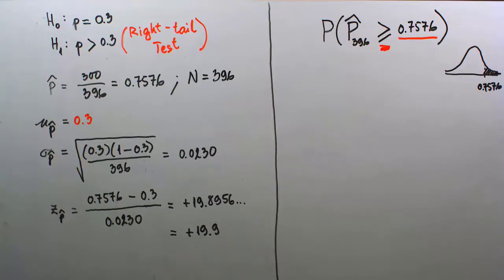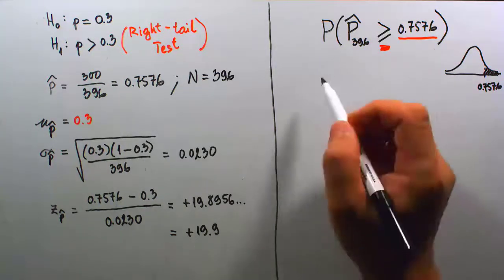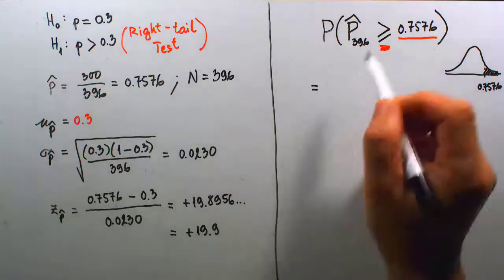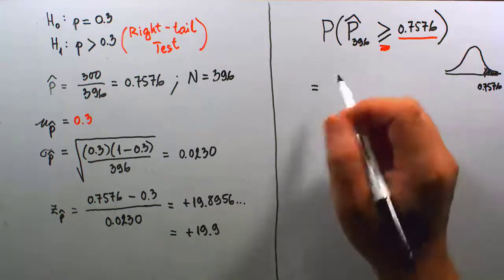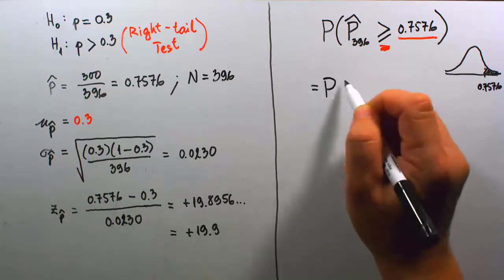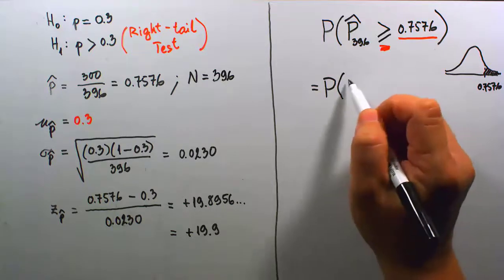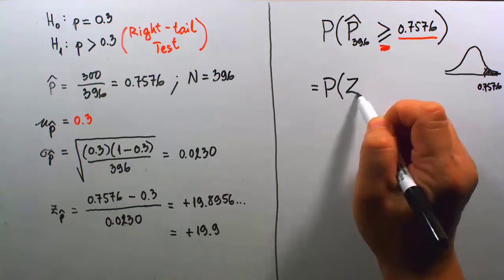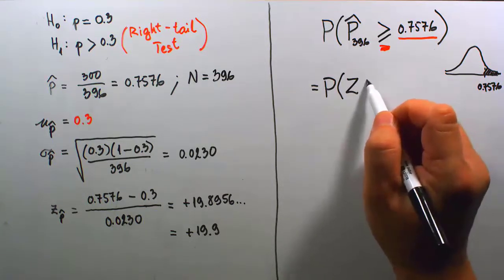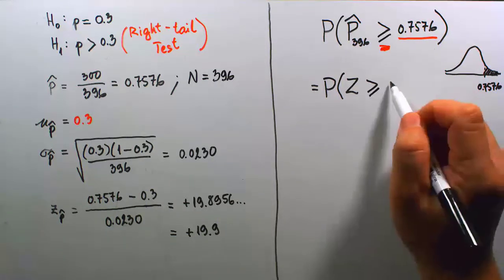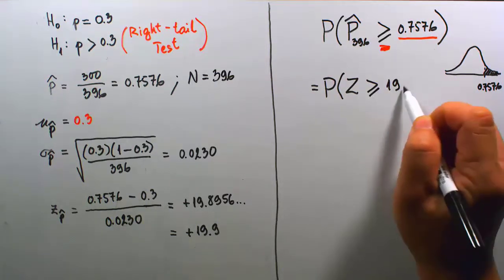And so in that way, we have this probability equal to the probability that on the standard normal distribution, we're looking for a z-score greater than or equal to 19.9.